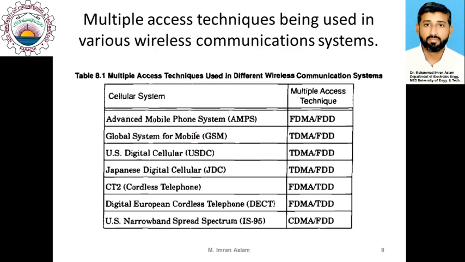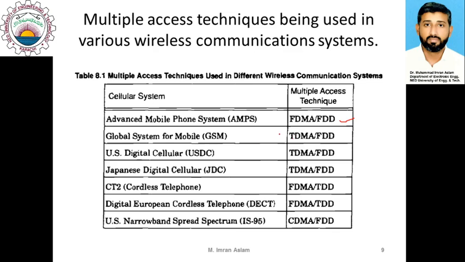This is a summary of different multiple access techniques used for different wireless systems, which have been used previously in different standards. So you can see that different duplexing and multiple access techniques were used in different systems. For AMPS or first generation systems, we used frequency division multiple access and frequency division duplexing.